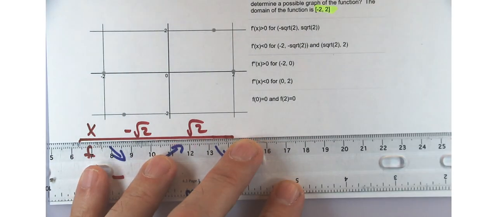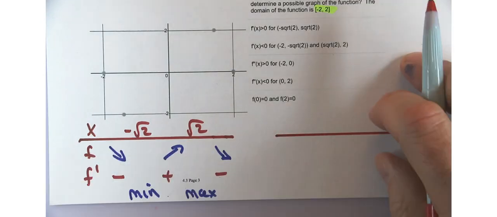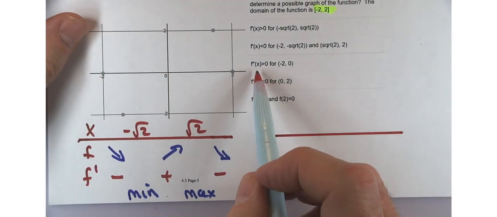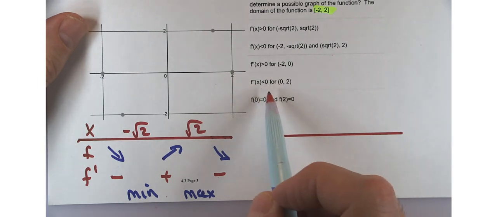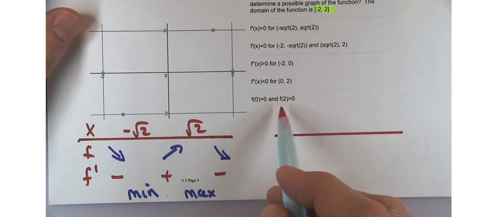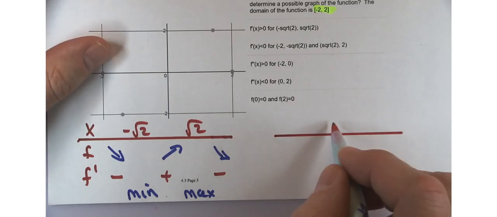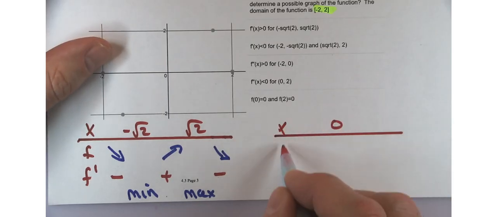There's a little bit more information we get from this chart here. And that is the second derivative is less than 0 on the interval 0 to 2 and greater than 0 on the interval negative 2 to 0. So it looks like things are happening around 0: x, f, and f double prime.